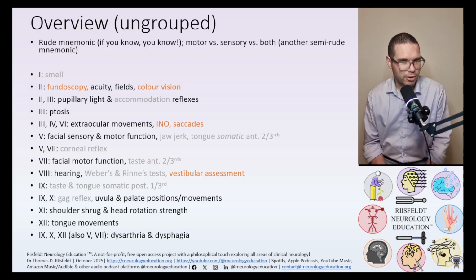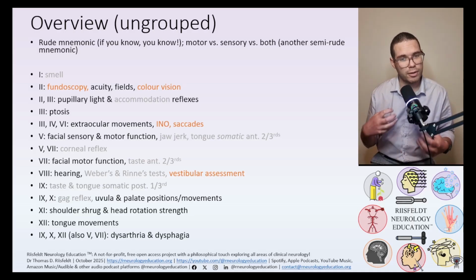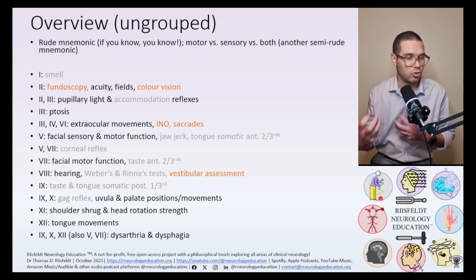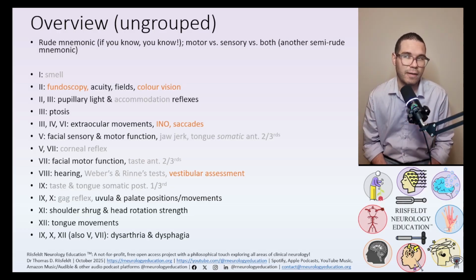And there's also a separate mnemonic with both rude and less rude versions for remembering whether the cranial nerves are just motor or just sensory, or both in terms of the function that each cranial nerve has. So the not so rude version is: some say marry money, but my brother says big brains matter more.